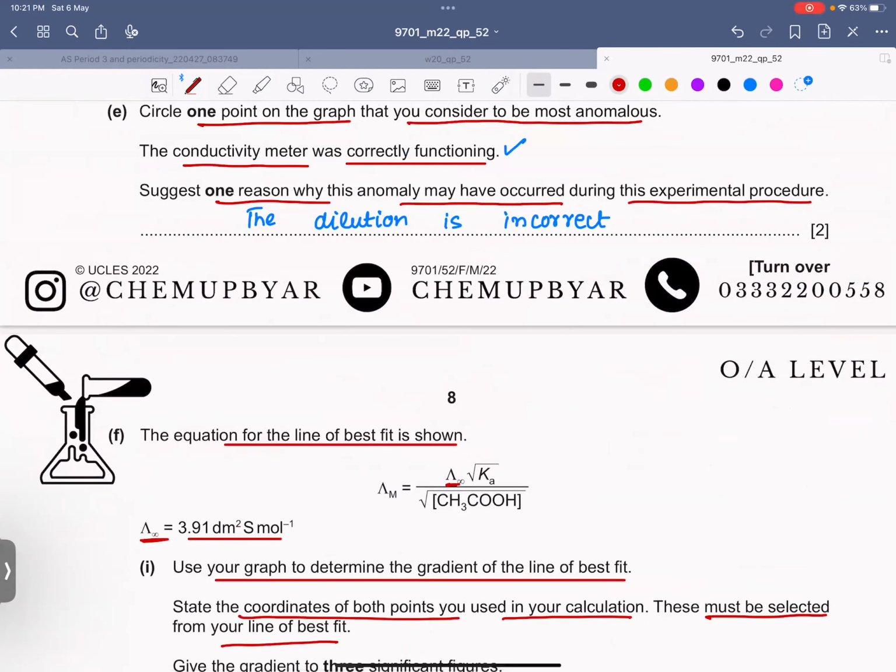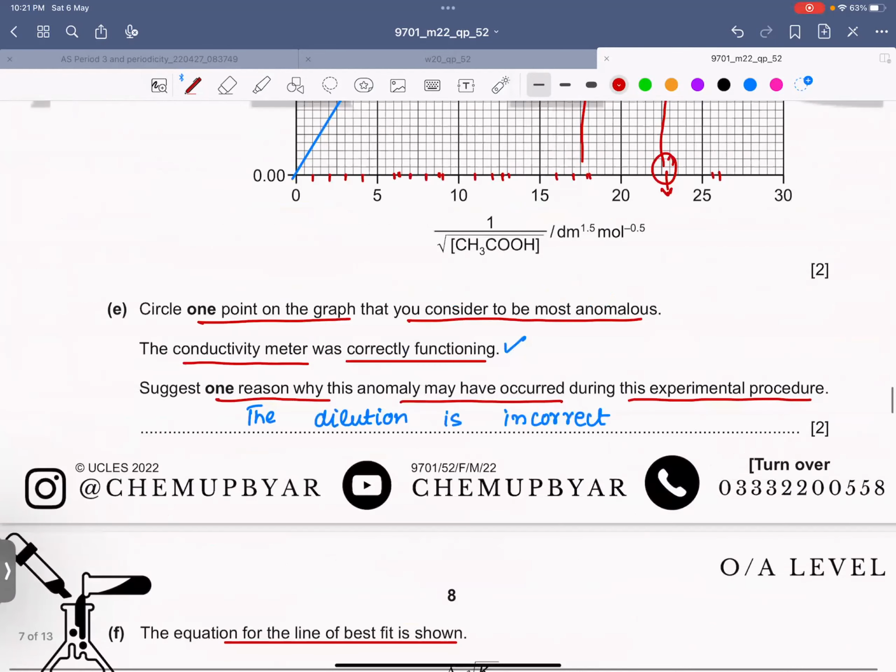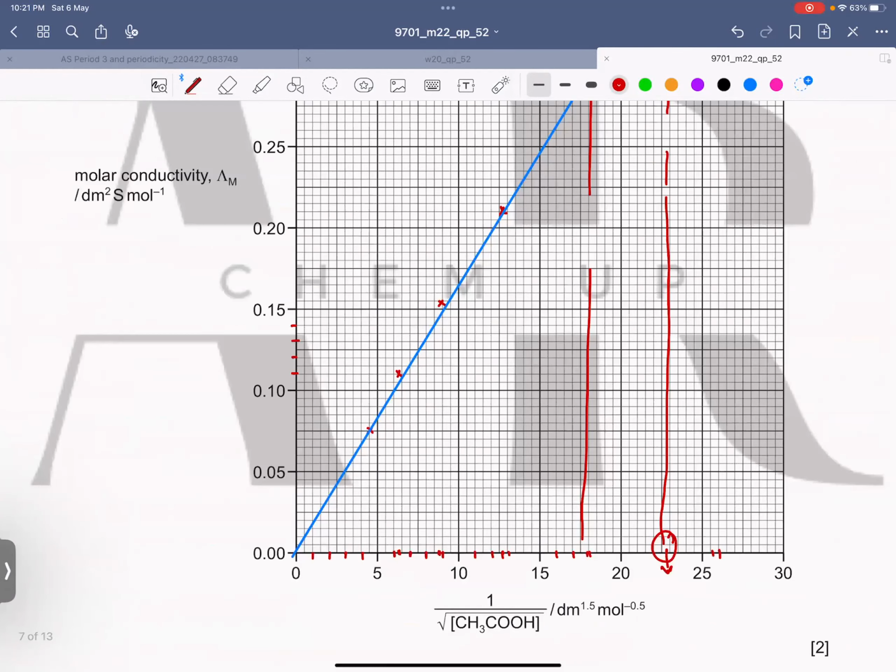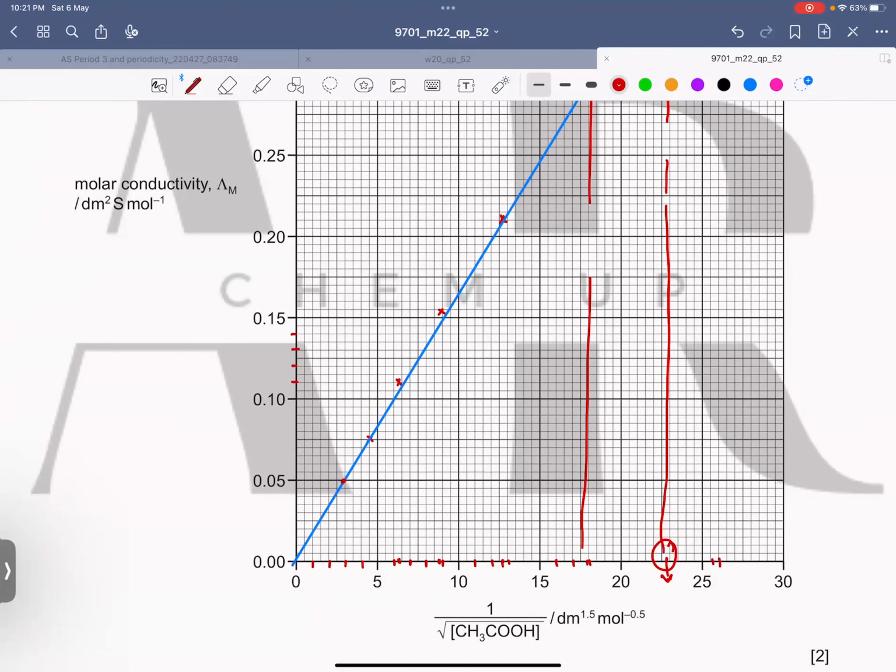So let me choose 2 points. I can choose this one, 0.05 and on x-axis it's 3, this point.